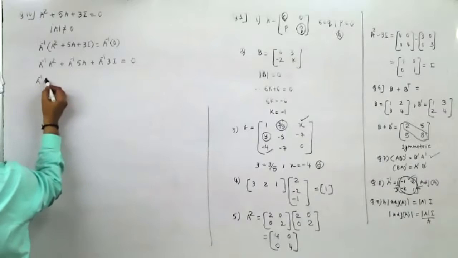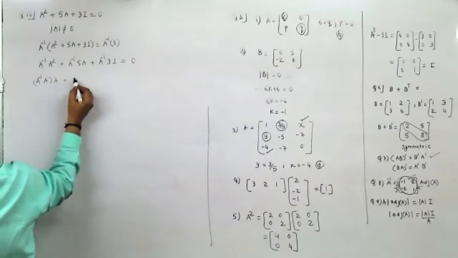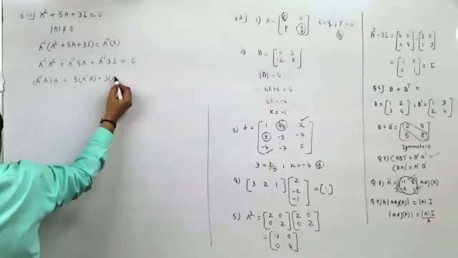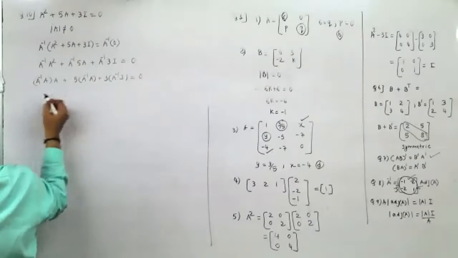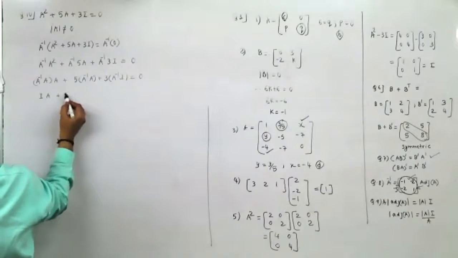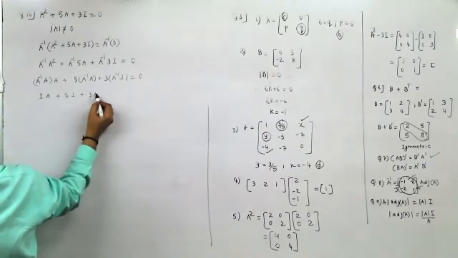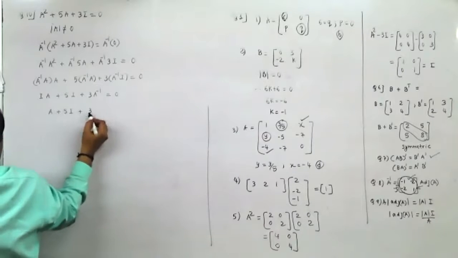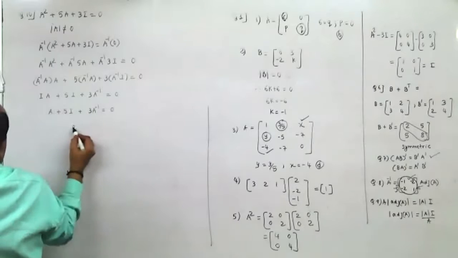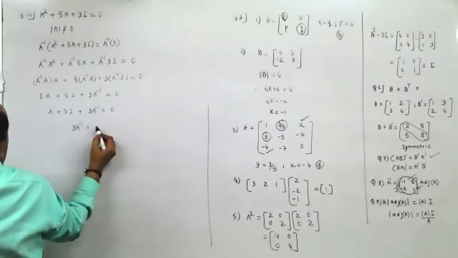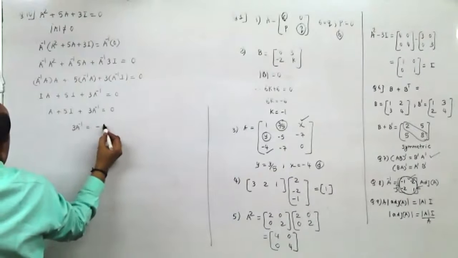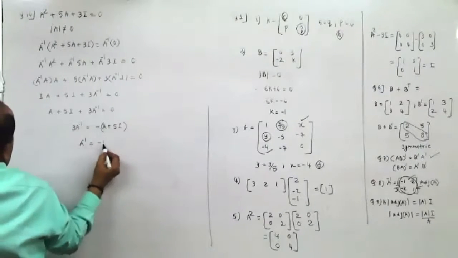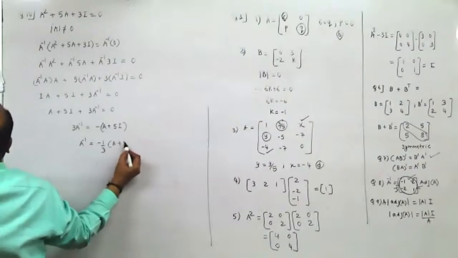I'll write A inverse into A into A plus 5 into A inverse into A plus 3 into A inverse into I equal to 0. This would be I into A plus 5 into I plus 3 into A inverse equal to 0. This would be A plus 5I plus 3A inverse equal to 0. 3A inverse equal to minus of A plus 5I. So A inverse would be equal to minus 1 by 3 into A plus 5I.